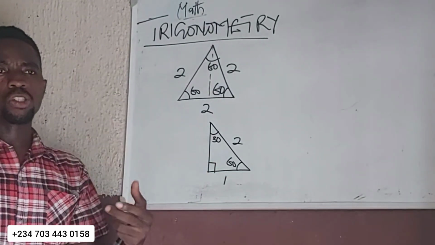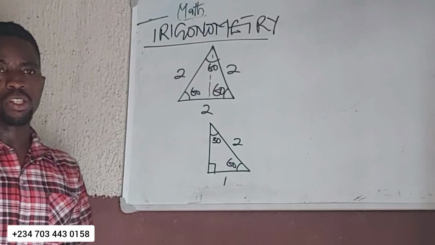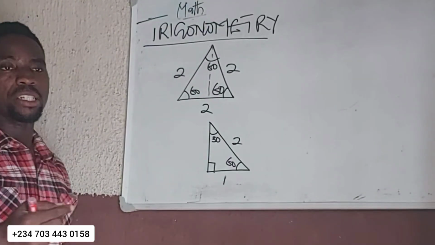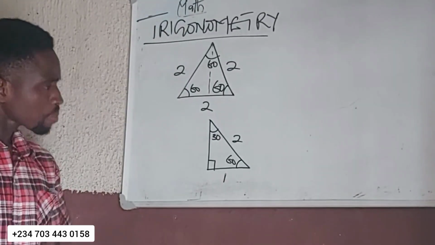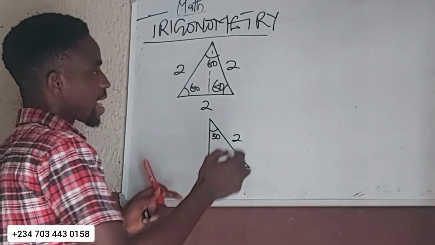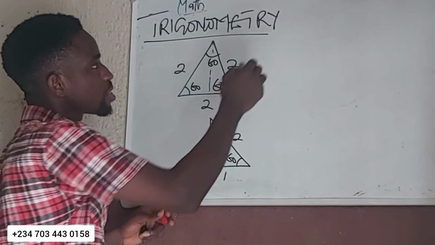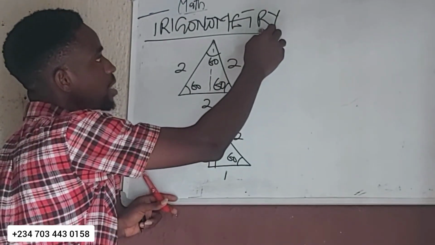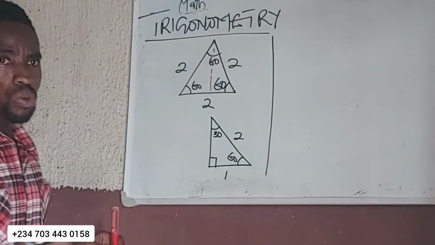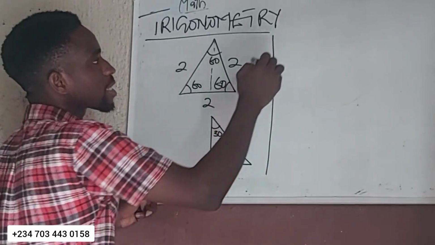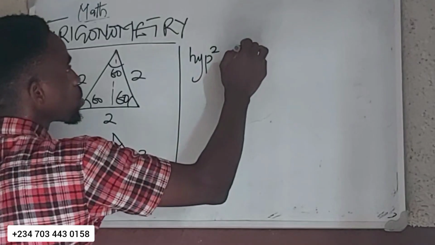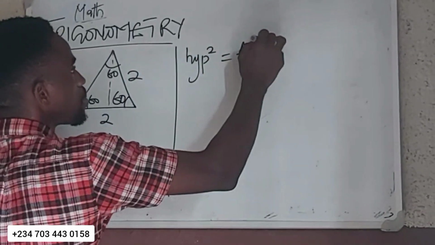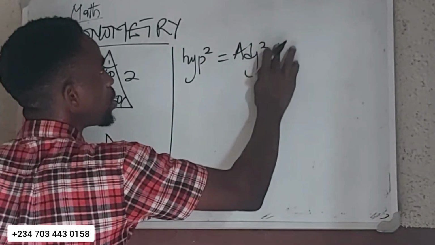Now let's refresh our knowledge of right angle triangles, what we already know. In a right angle triangle, according to Pythagoras theorem, which we were taught in elementary school, the square of the hypotenuse is equal to the square of the adjacent plus the square of the opposite.